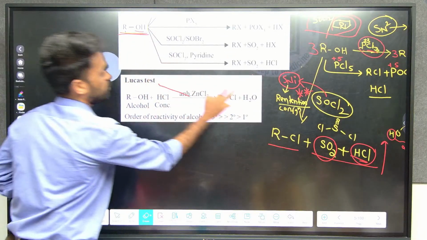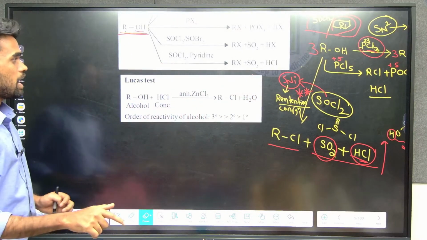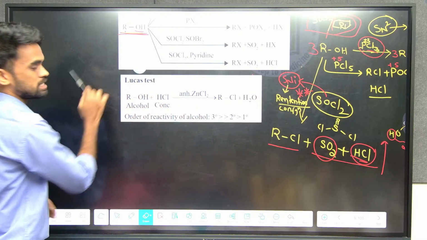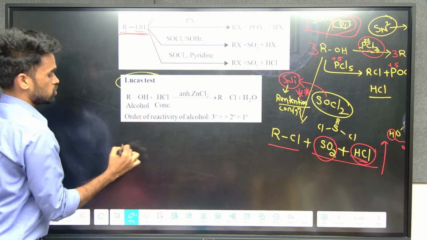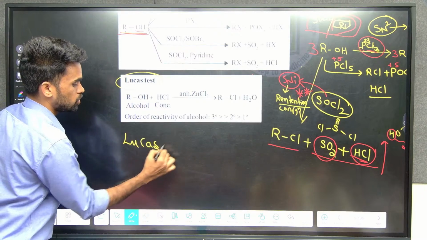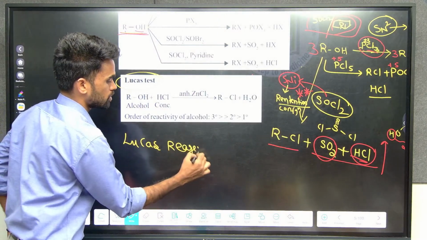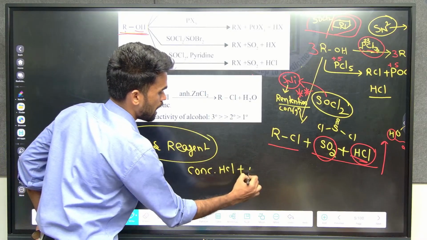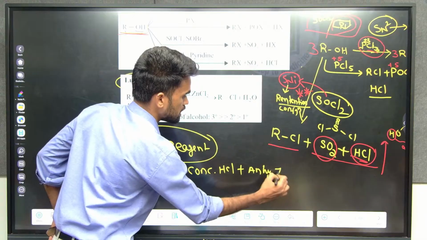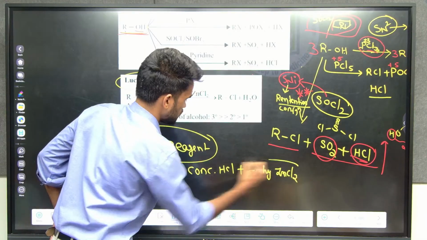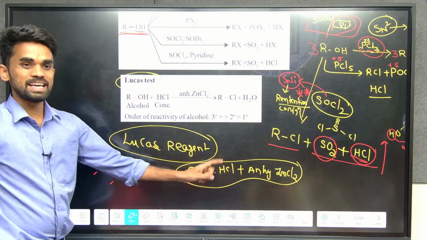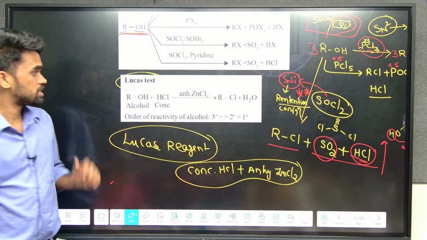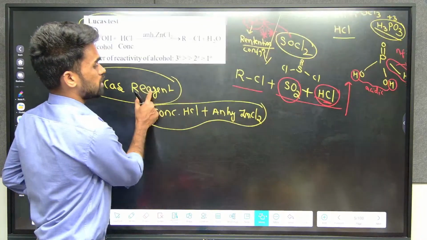Next one. After this, the most important reaction for alcohol to alkyl chloride conversion is using Lucas reagent. What do we mean by Lucas reagent? Lucas reagent means concentrated HCl plus anhydrous ZnCl2. Now what is the use of this Lucas reagent?